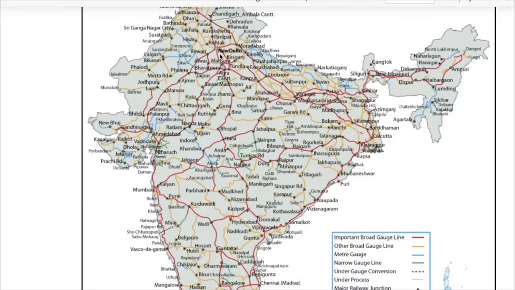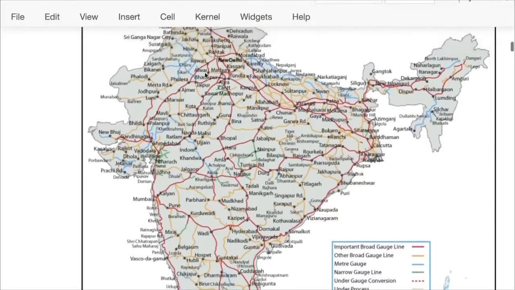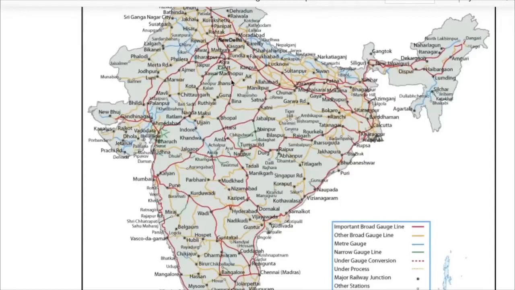Now, if there is a way, then the next question might be, what is the path with the shortest number of stops? Do you go this way for the shortest number of stops, or this way, or this way? Another question could be, what is the path with the shortest distance?